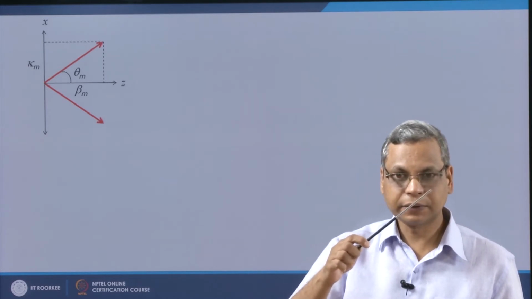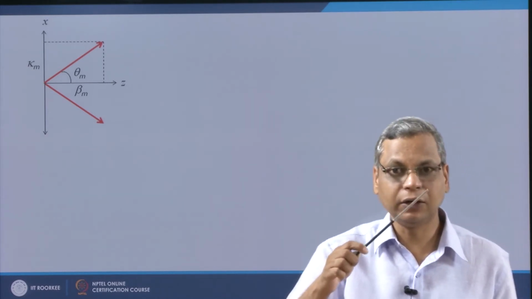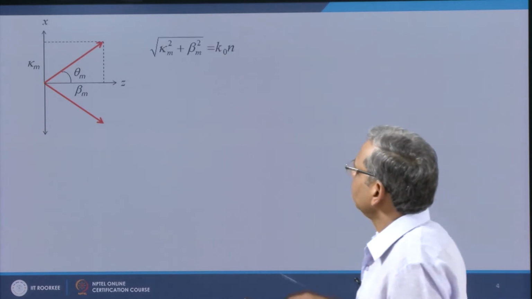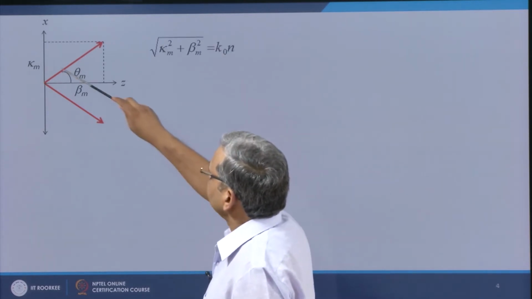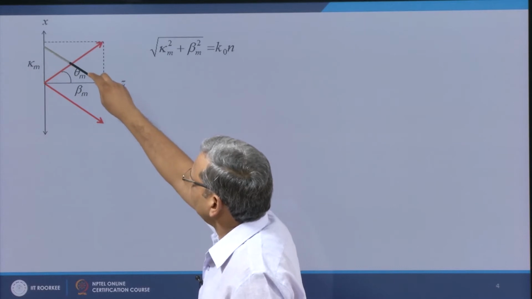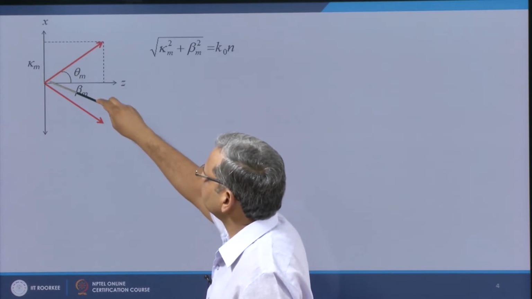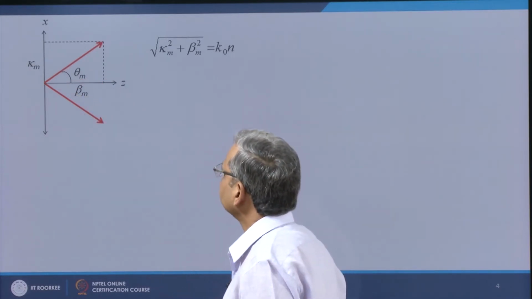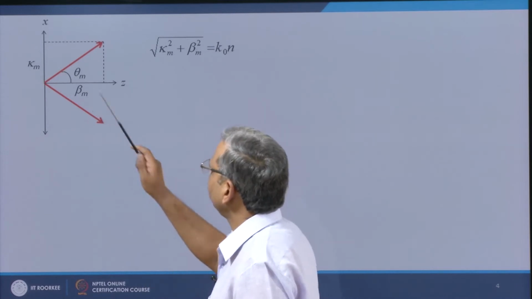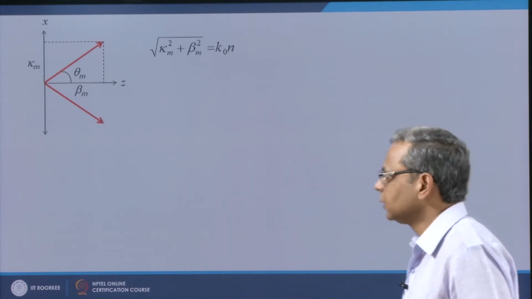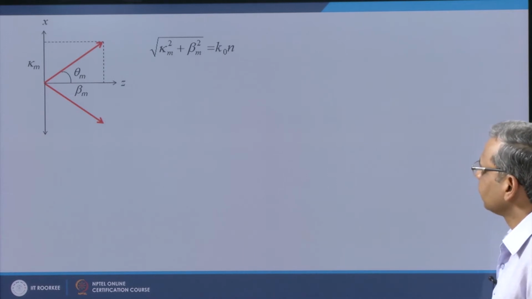These are now plane waves. Plane waves will have propagation constant k naught n. This is the component of propagation constant in the x direction. This is the component of propagation constant in the z direction.